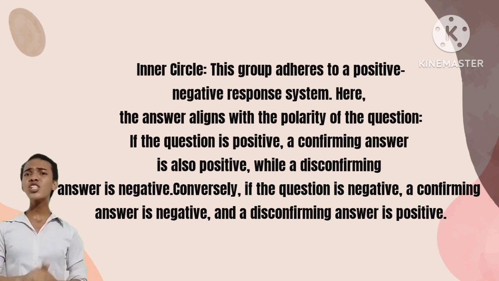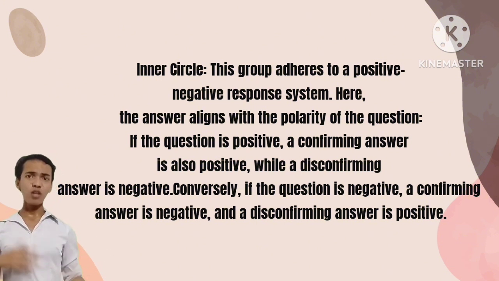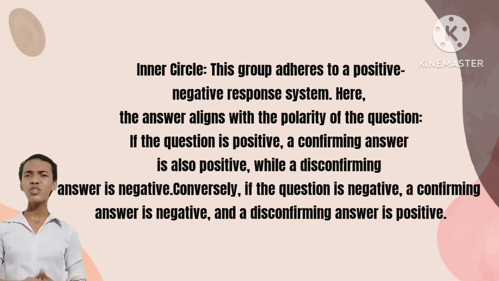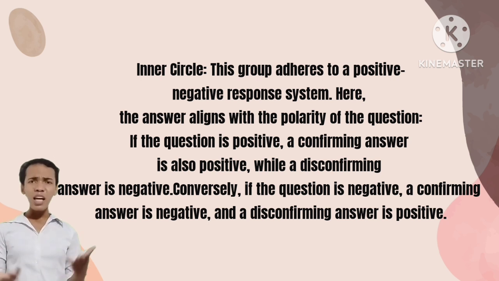If the question is positive, a confirming answer is also positive, while a disconfirming answer is negative. Conversely, if the question is negative, a confirming answer is negative also, and a disconfirming answer is positive.